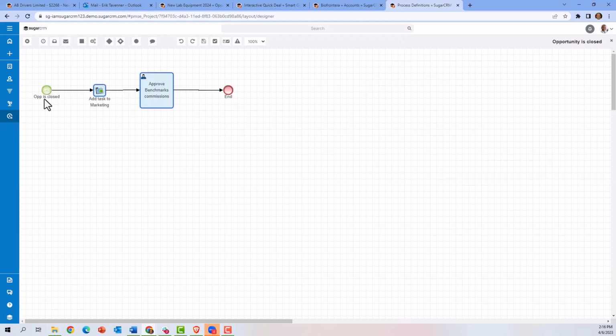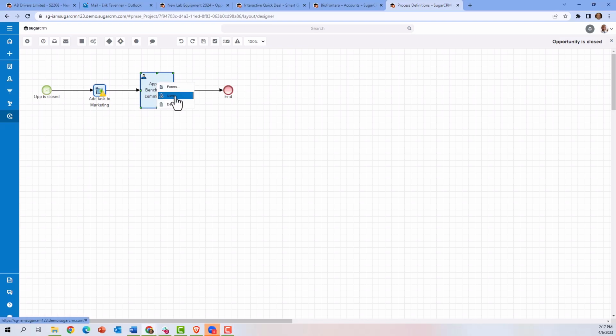When the opportunity is marked closed, it's going to add a task for the marketing team and let them know it's time to take action. Also, the management team will be notified to approve commissions, and then the process completes. The real difference with this type of process flow diagram is that it's data driven. When an opportunity is marked closed, it takes action and can notify the appropriate people based on those actions.